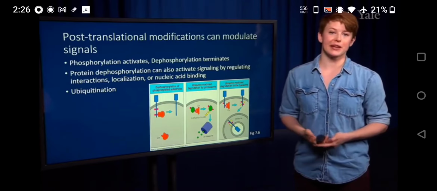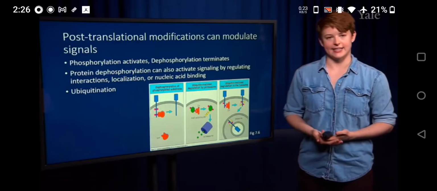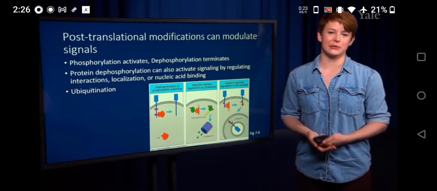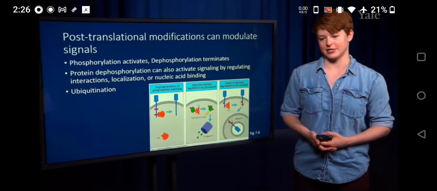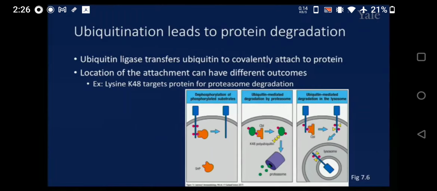Ubiquitination is a way that protein degradation is modulated. Ubiquitin ligase is an enzyme that transfers these ubiquitin proteins to covalently attach to a different protein. And this marks that protein for degradation, typically by the proteasome.